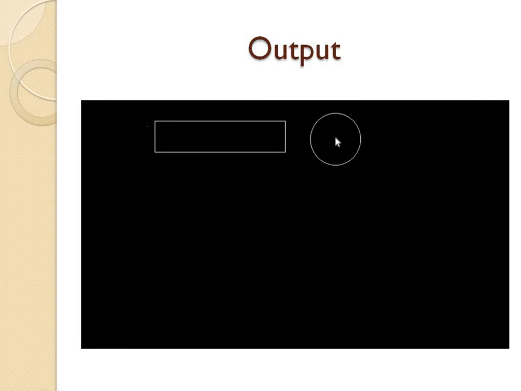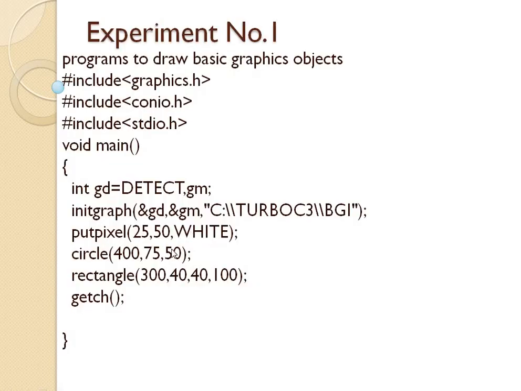So this is the center, and we also pass another parameter, that is the radius of the circle. The xy coordinate is not sufficient to display the circle, we need a radius of the circle. So we also pass the radius of the circle, that is 50.